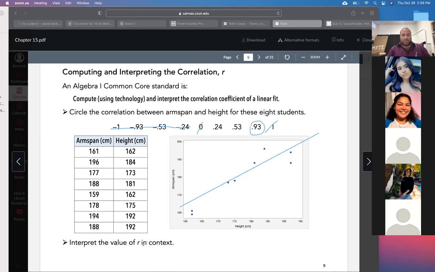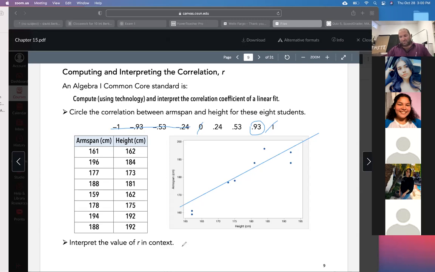Now, interpret the value of R in context. Interpret the value of R in context. And that's a very strange question because R squared actually has a very important physical interpretation, whereas R itself doesn't.